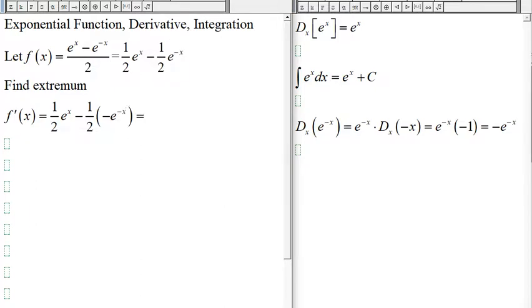And so we end up with just 1/2 e to the x, and then this is negative times negative, so it's plus 1/2 e to the negative x.